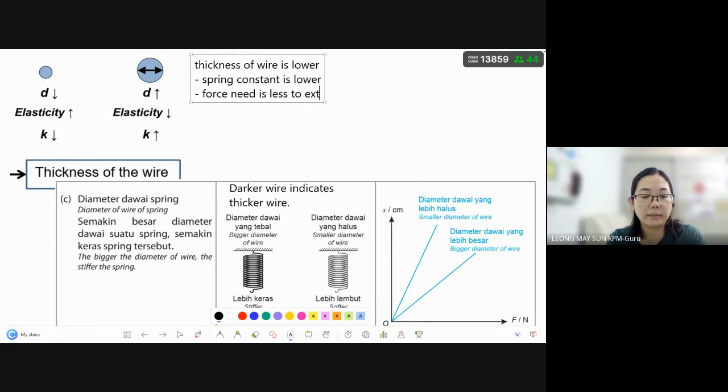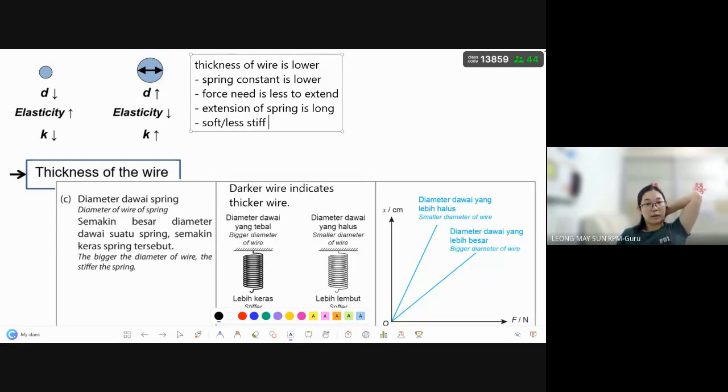But then the extension is long. All right, and this is whereby we call it a soft wire or a less stiff wire or spring, sorry.